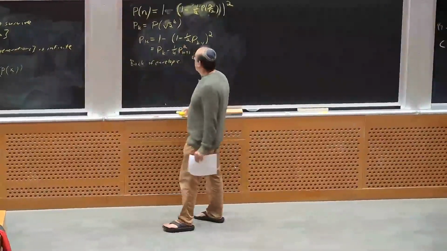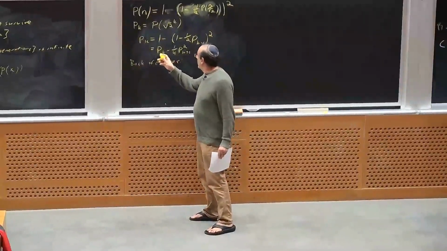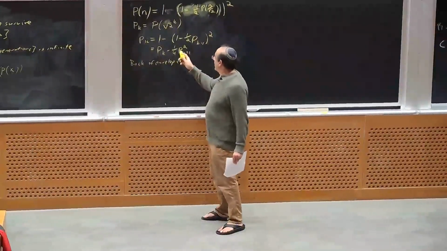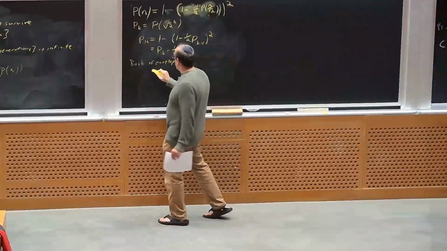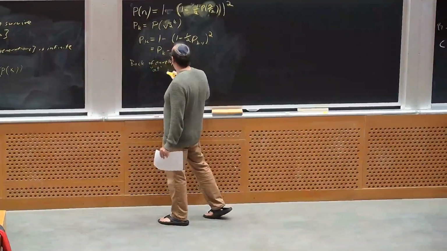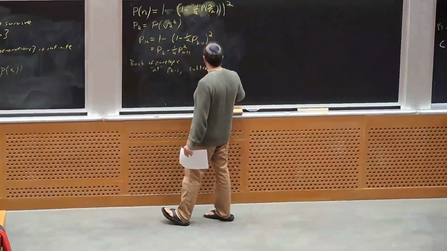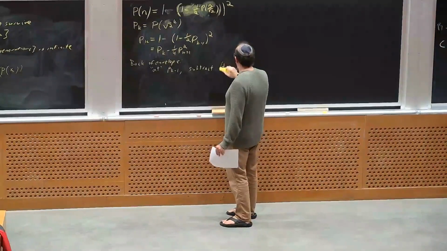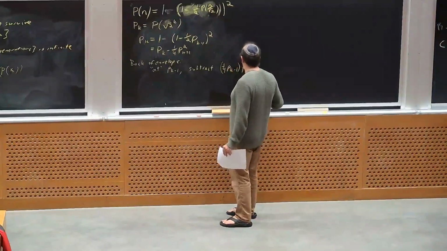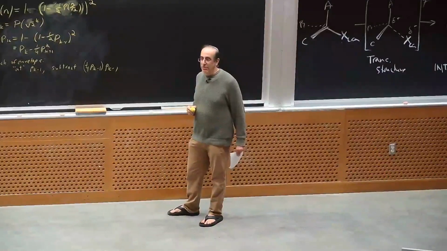When I go from P sub k minus 1 to P sub k, I am subtracting 1/4 of P sub k minus 1 squared. If I'm currently at a value of P sub k minus 1, I then subtract this much in order to get to the next value.